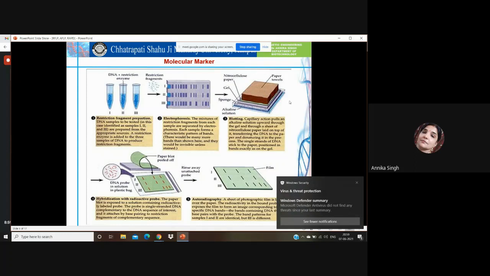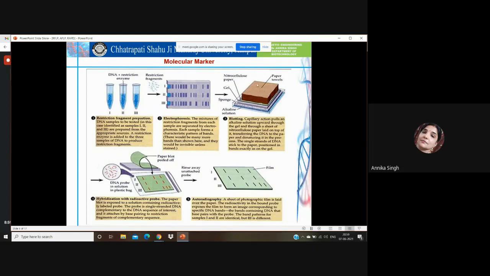After blotting, these bands are immobilized on the membrane with the help of techniques like UV transillumination or UV exposure, or by heating the membrane in a dry oven at 80 degrees Celsius under vacuum, though in the case of a nylon membrane, the vacuum is not required.